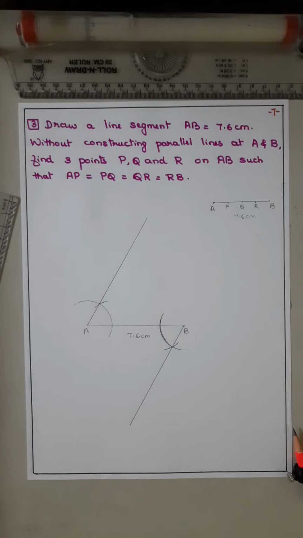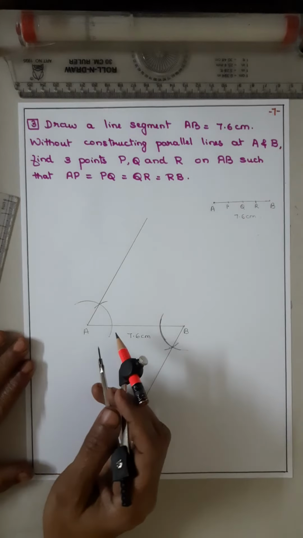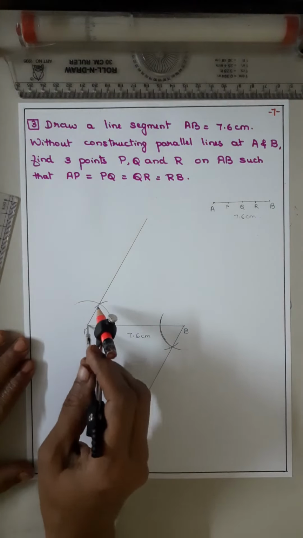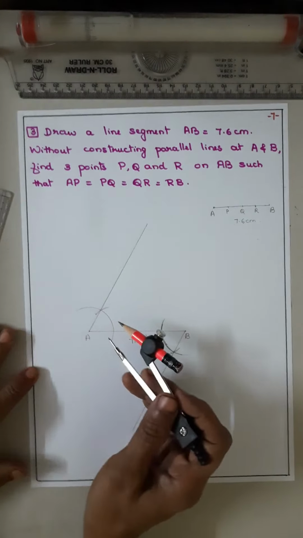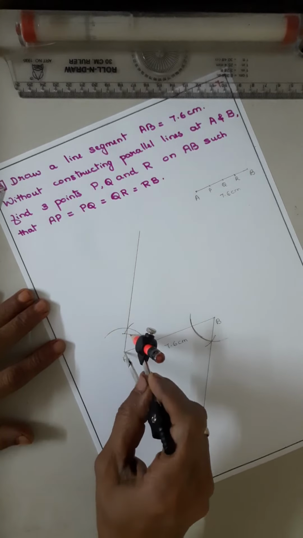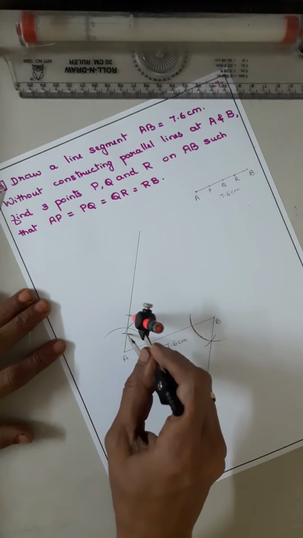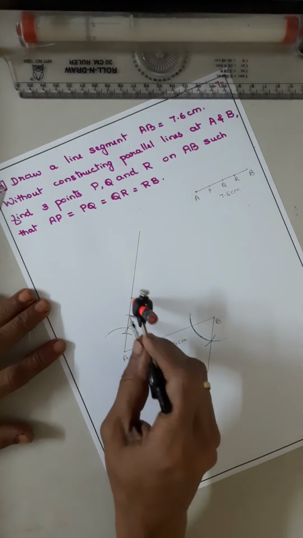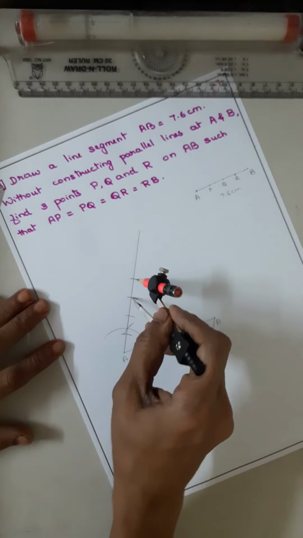So we have to cut this into 4 equal parts: 1, 2, 3, 4.